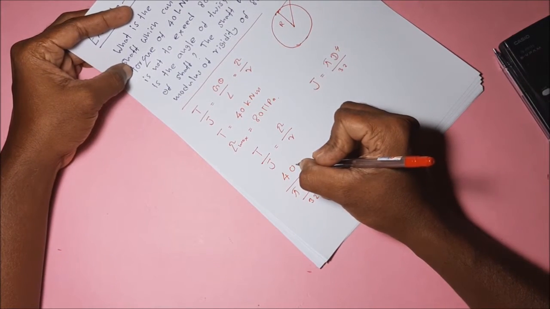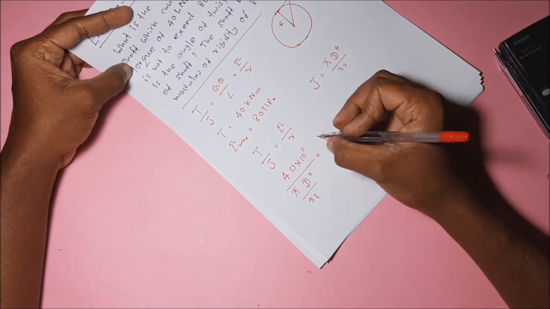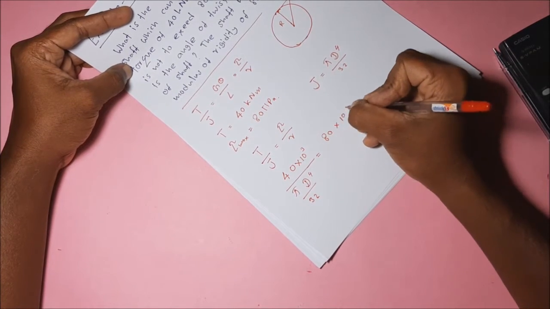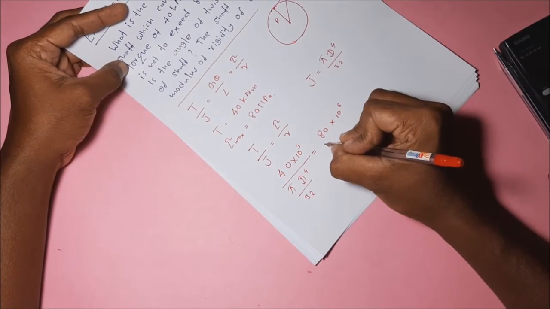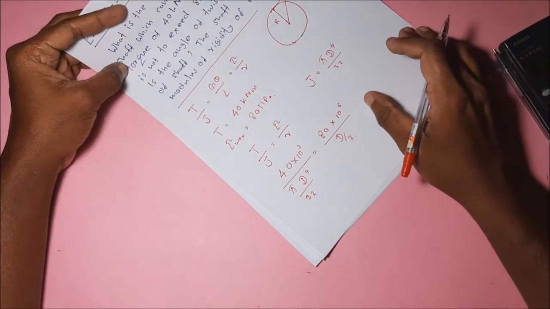Here the kilonewton meter, we have to multiply by 10^3. Okay. Then the shear stress tau is given, 80 into 10 to the power of 6 pascal. R, what is R? D by 2. D by 2 is in the equation.